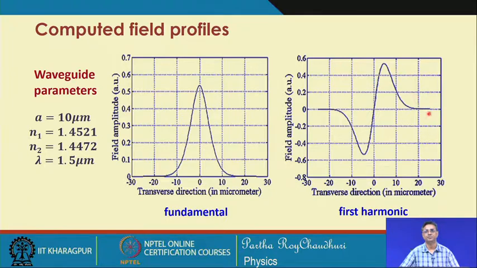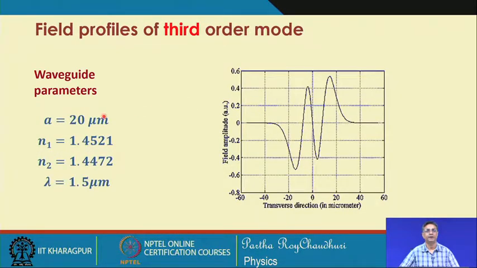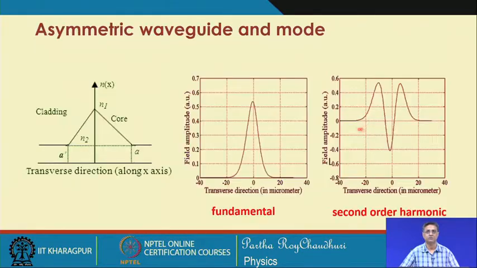And then if you take waveguide parameters like a equal to 20, if you increase the width of the waveguide, the other conditions remaining the same, then you will get higher order modes like this.